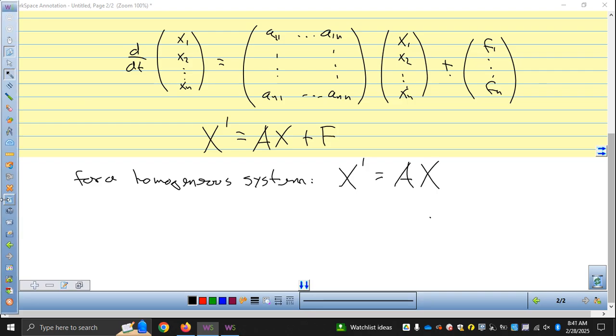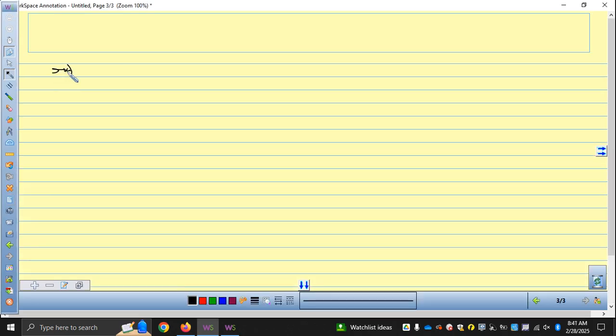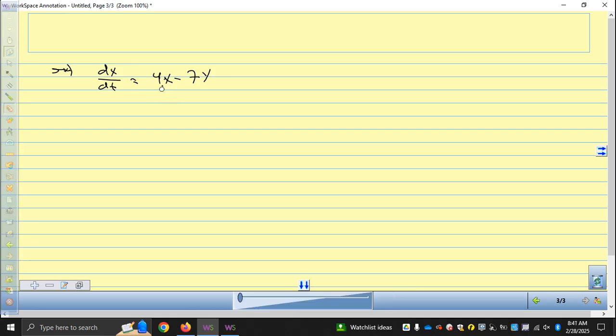All right, so as an example, just writing a system: if we had dx/dt equals 4x minus 7y, where x and y are both functions of t, and dy/dt is 5x. So a system of differential equations.